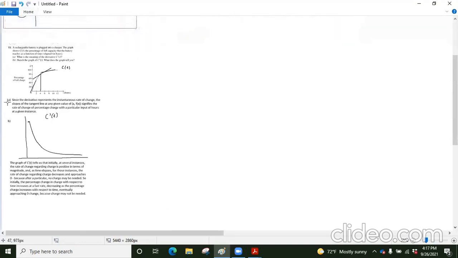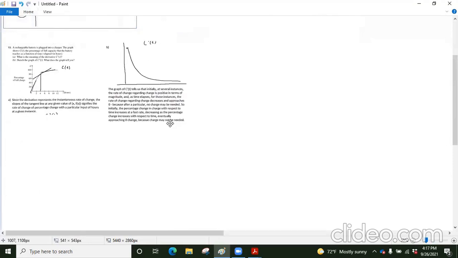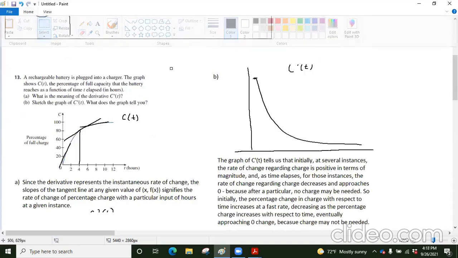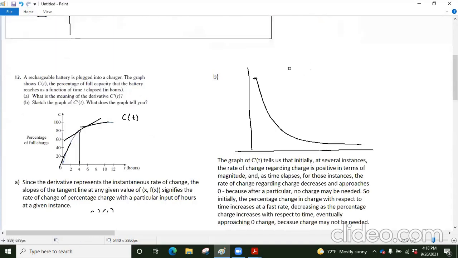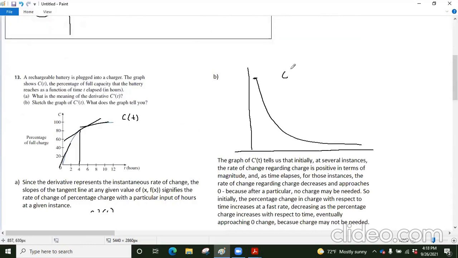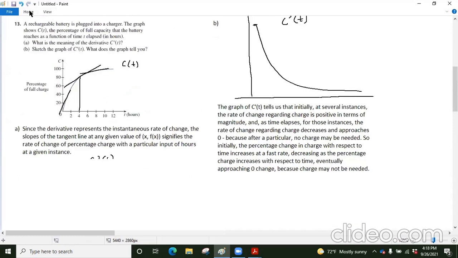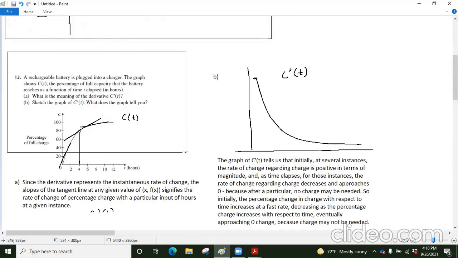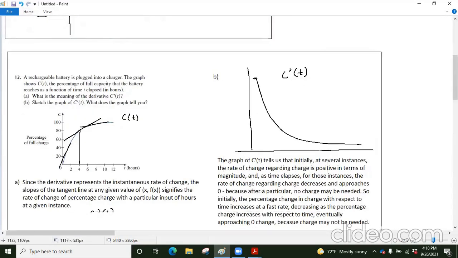I think what we'll do in this case is we'll try to put B next to A in some sense. And that should summarize C of T, C prime of T, rather.